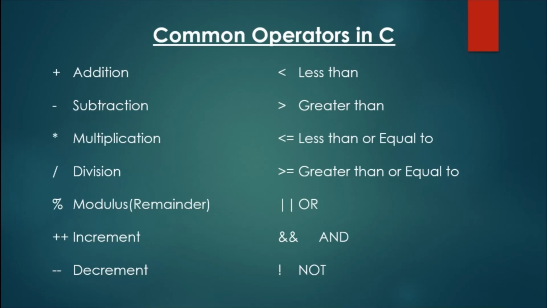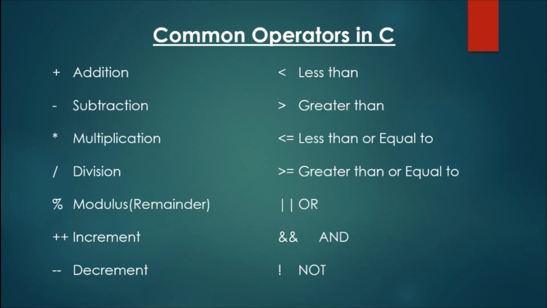And this one you probably won't be too familiar with, but in C we use the % symbol to represent the modulo operator. And in simple terms, this operator is just going to return the remainder if you divide two numbers. We have the double plus for increment, the double minus for decrement, and these will either increase a number by 1 or decrease a number by 1. And we'll see examples of how these are very useful. We also have the less than or the greater than that we've already seen.